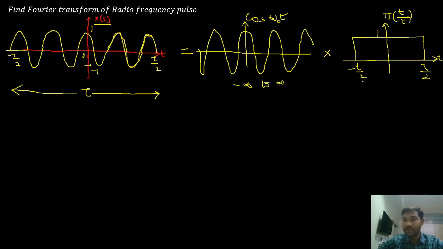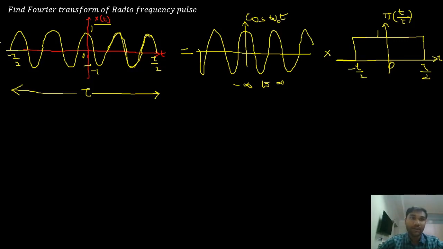Right? So if I multiply these two functions, the first function is extending from minus infinity to infinity. The second function is from minus tau by 2 to plus tau by 2. So from minus infinity to minus tau by 2, the first function has some value, but the second function's value is 0 in this range. Anything multiplied by 0 is 0.